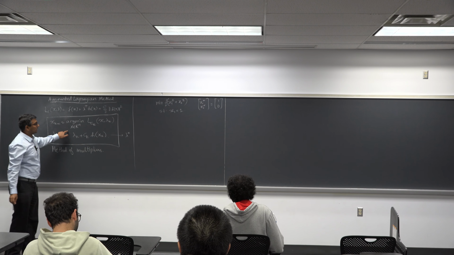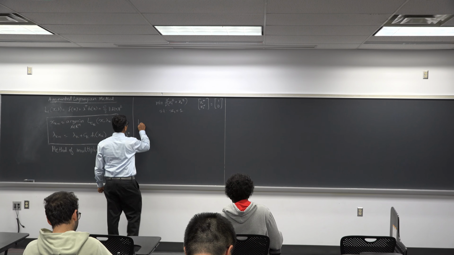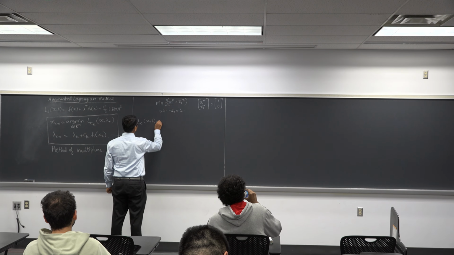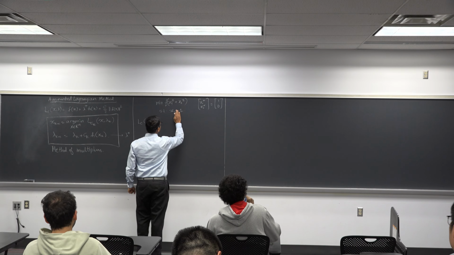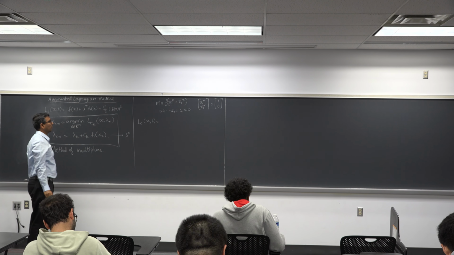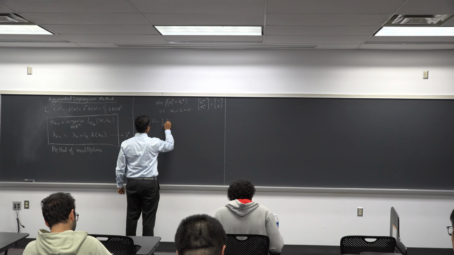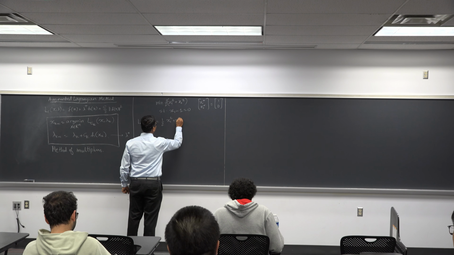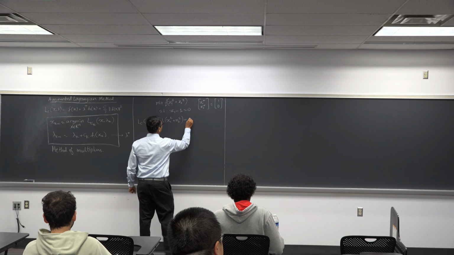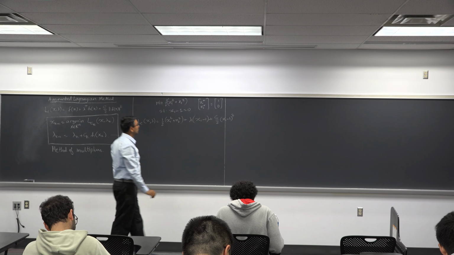Let's apply this algorithm. Let's write down what L_c(x, lambda) looks like. Let me write the constraint as x1 minus 1 equals 0, so it is in the h(x) equals 0 format. So I have half of x1 squared plus x2 squared, plus lambda times x1 minus 1, plus c over 2 times x1 minus 1 squared.